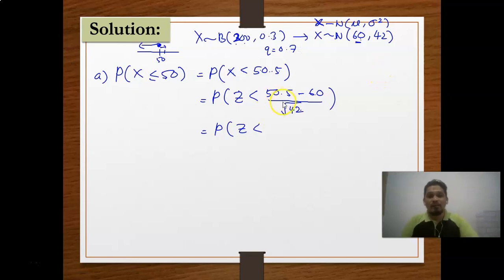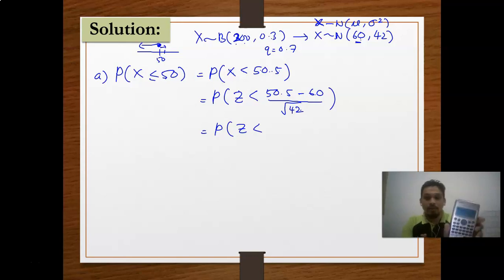So let's find out this one now. 50.5 minus 60, divided by the square root of 42.